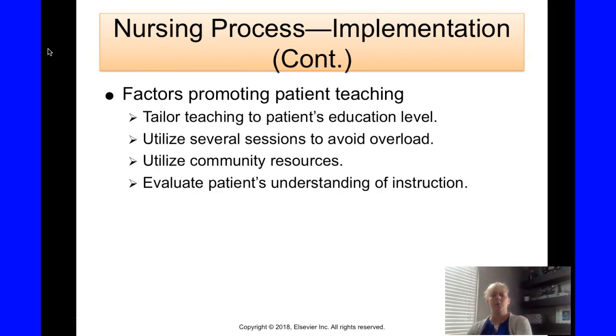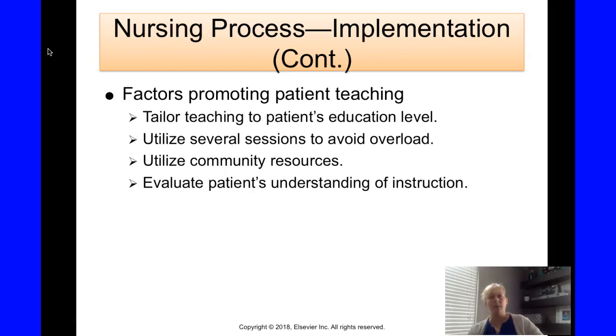What factors promote patient teaching? Making sure it's at their education level, and talk in layman's terms. Several sessions. There are many people, especially elderly people, where you really need to break up the sessions. If you're trying to teach somebody to check their blood sugar and they're elderly and have a difficult time, or they're not confident about learning, make them confident. Say, let's break this up. Let's do small successes.